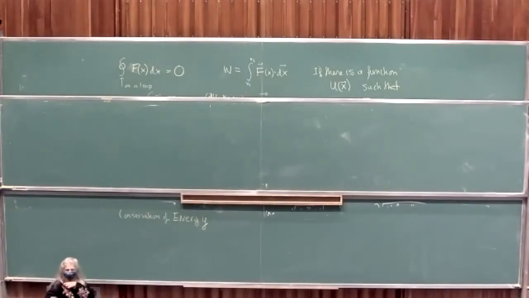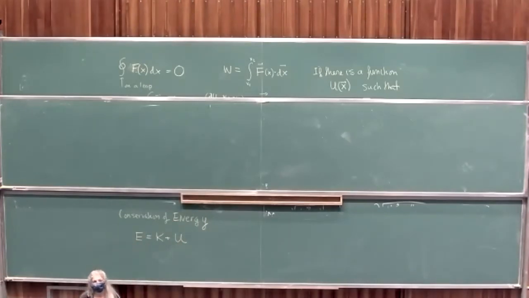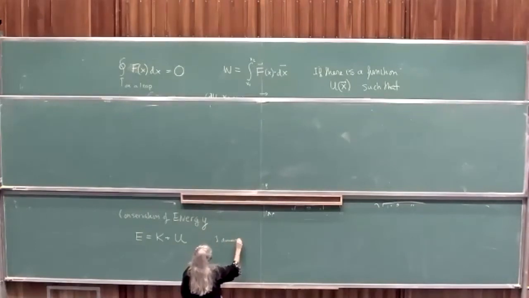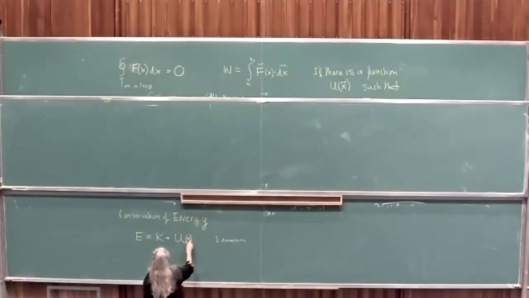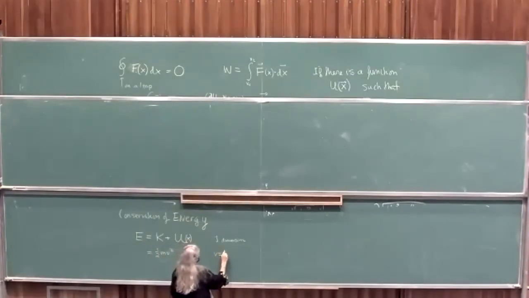There is a generalization for relativistic particles. But we'll define the energy as the kinetic energy plus potential energy. Normally, before, we were starting with forces and integrating the force to get the potential energy. Here I'm just going to start with potential energy. So we'll work in one dimension for the moment. U is a function of x, and the kinetic energy is 1/2 m v squared, and v is dx dt.